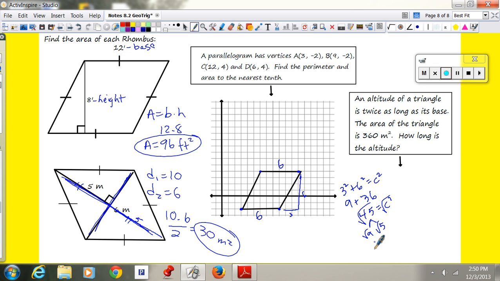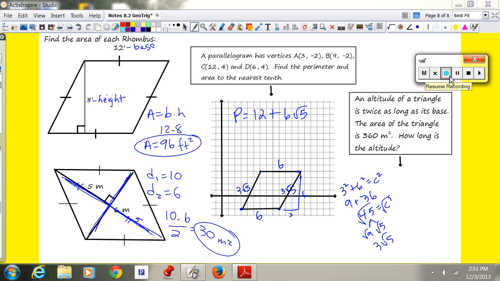Radical 9, and it's going to be 3 radical 5. That's going to be this length here. 3 radical 5, and another 3 radical 5. So your perimeter would be 12 plus 6 radical 5.